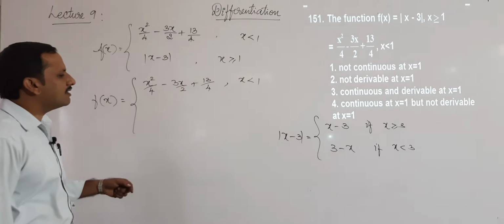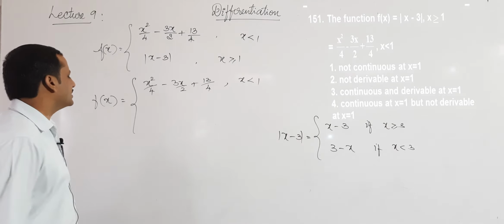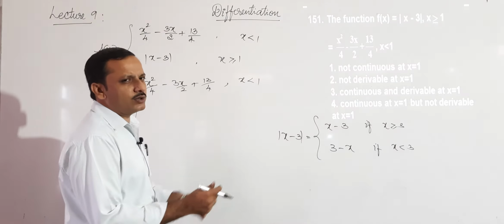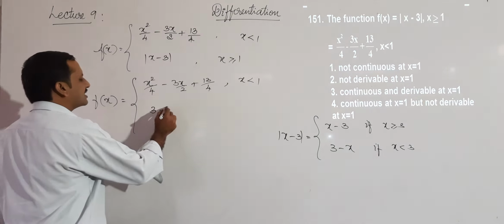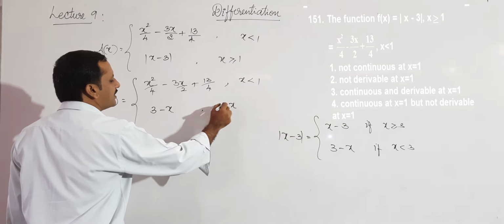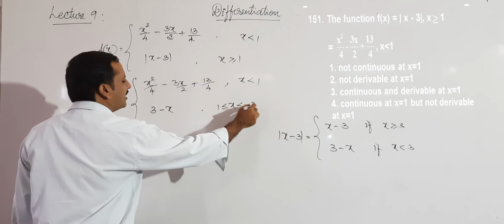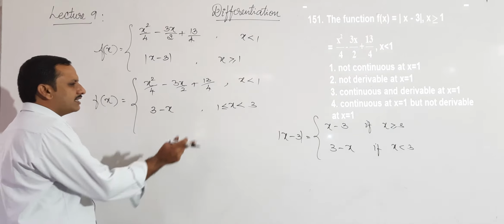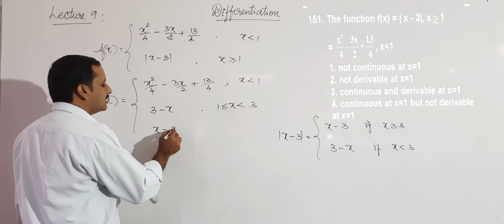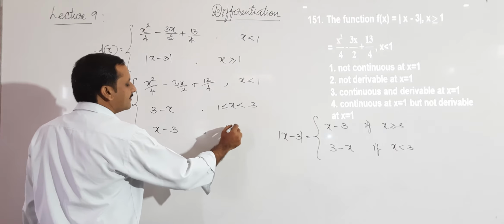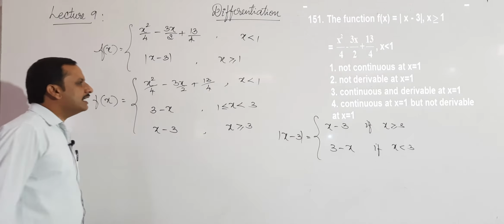And 1 to 3 I will consider. 1 to 3 means it is less than 3 only. There it is defined as 3 minus x, if x is greater than or equal to 1 but less than 3. And when x is greater than or equal to 3, it is defined as x minus 3. Okay, did you understand?